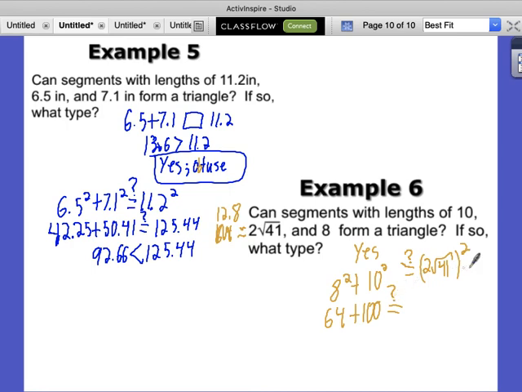Equals 2 square root of 41 squared. Well, that's 2 square root of 41 times 2 square root of 41, aka 4 times 41, which is what? 164. So is this a right triangle? Yes. So what kind of triangle is formed? A right triangle.